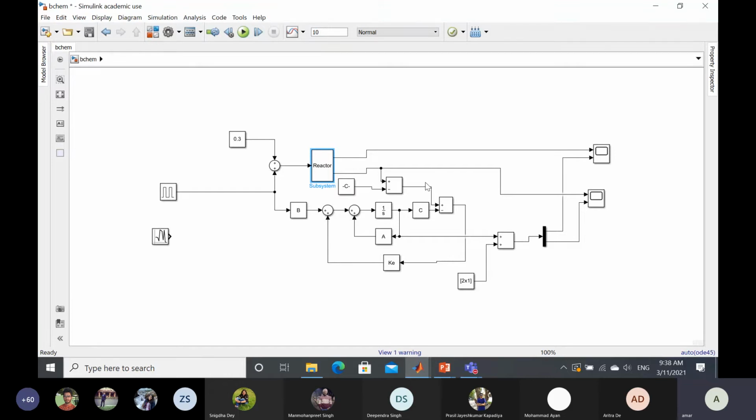So Y minus Y bar, which is nothing but Y minus C X bar, is multiplied with KE, and then it is added over here. So this portion is basically the observer portion.